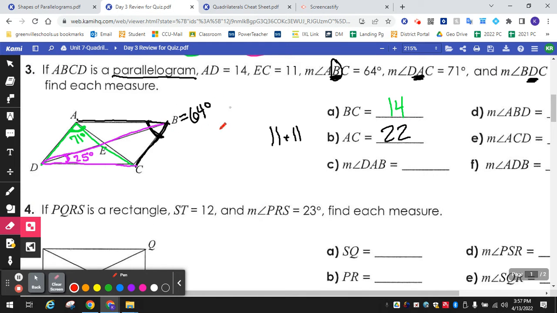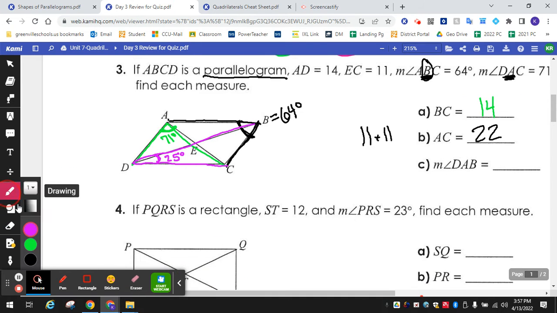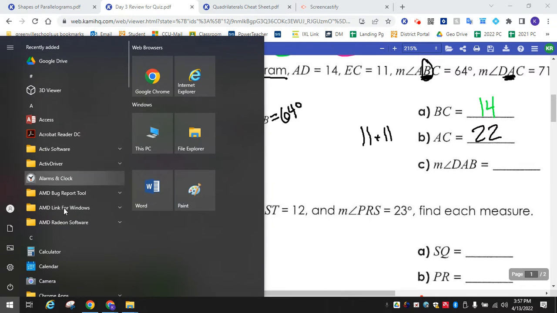So if we know this whole thing's 64, then you know D is also 64. D and A have to add up to 180. So if I take 180 minus 64, I get, I can't think. Oh, that's what calculators are for, right?